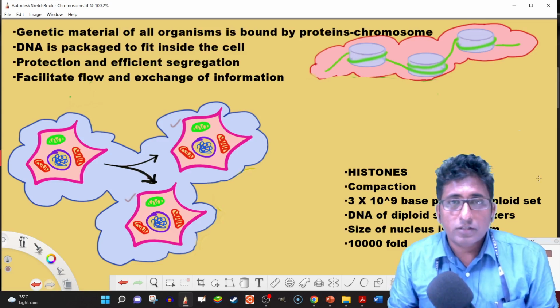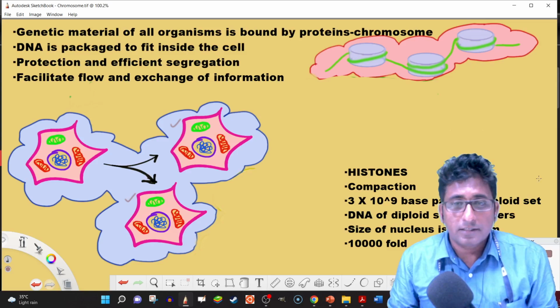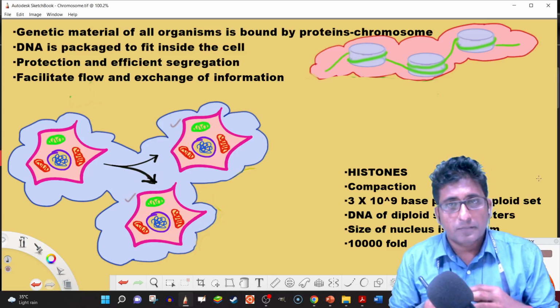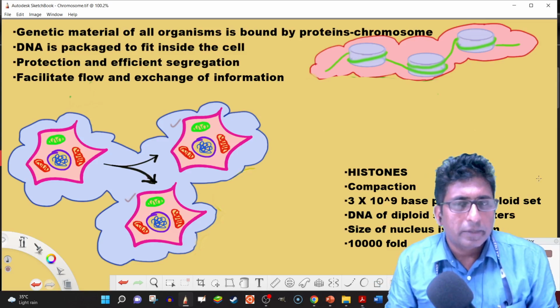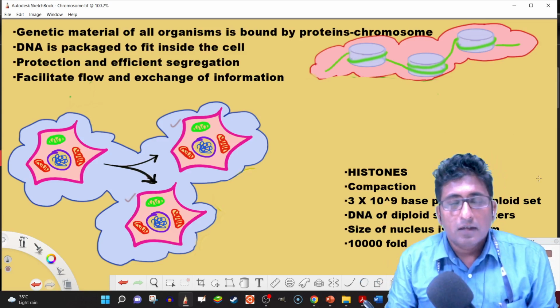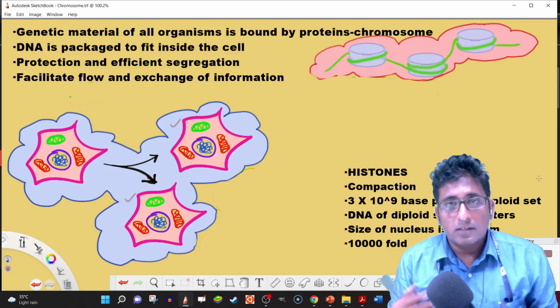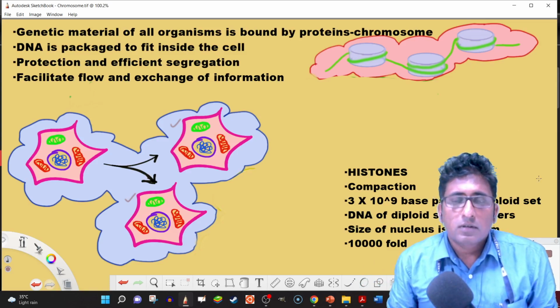They are basic in nature because they have large amounts of arginine and lysine on their surface at least. And they should be basic because DNA is acidic, so they should have basic residues so that they can interact together strongly. So DNA is wound around these histones.